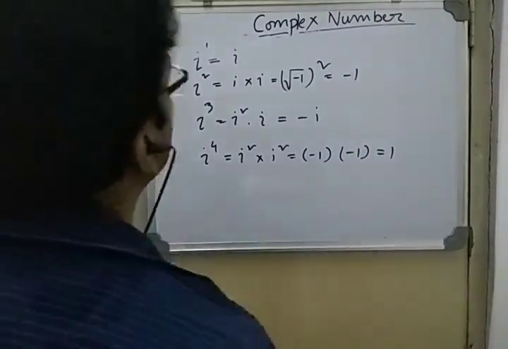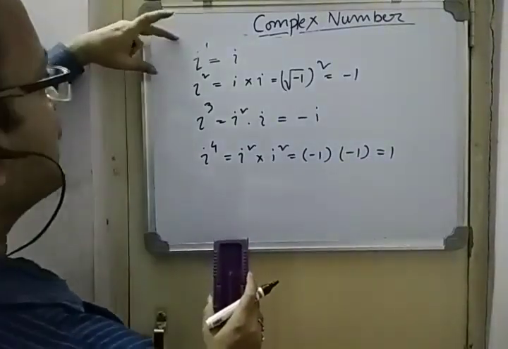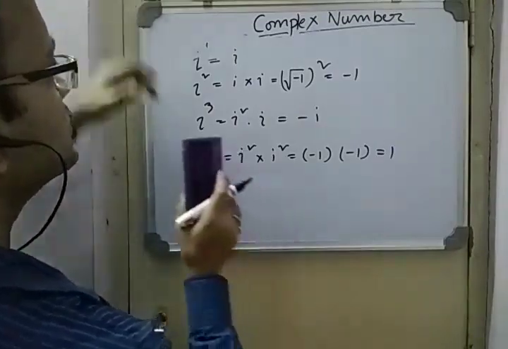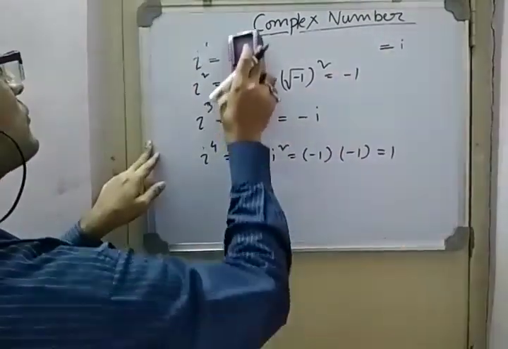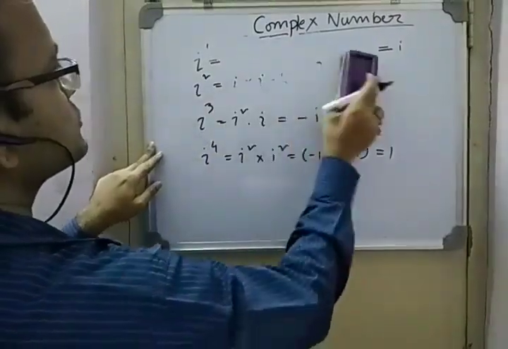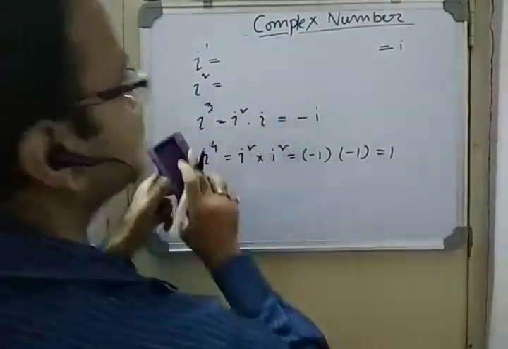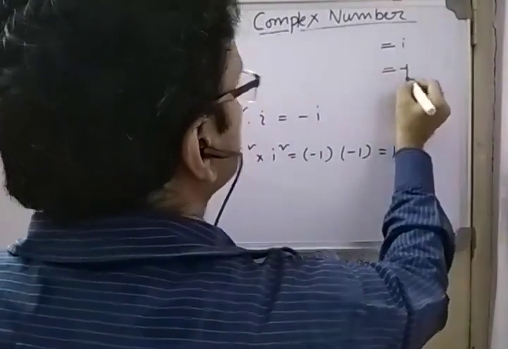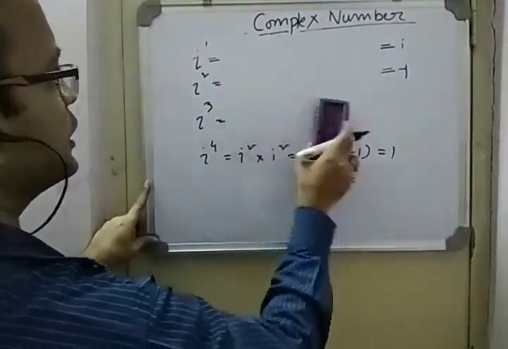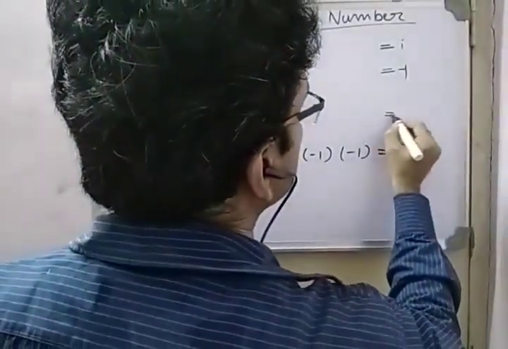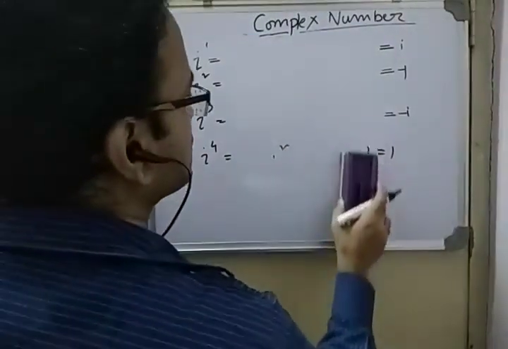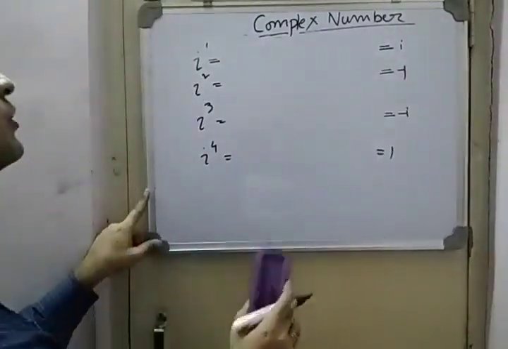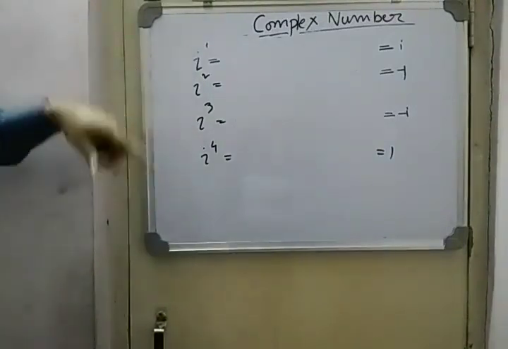So you see that i to the power 1 is i, i square is minus 1, i cube is minus i, and i to the power 4 is plus 1. Now see, this repeats.